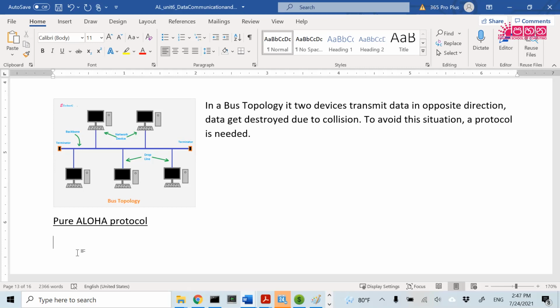Like in bus topology, because you have one single line, data will meet and then it will destroy. For that, we need a set of rules to avoid this. The first one that we are going to talk about is pure aloha.